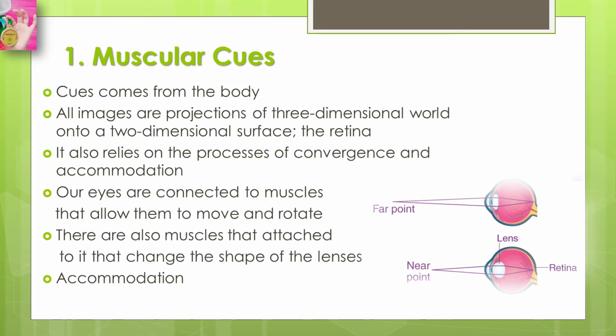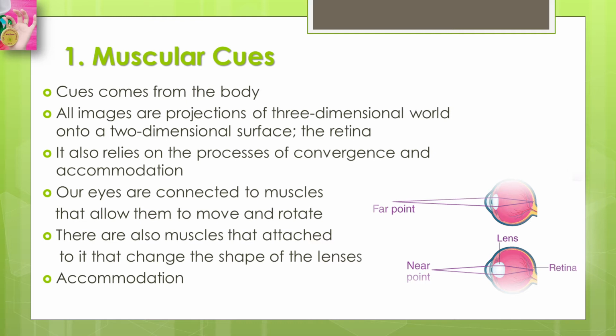Now, the term muscular cue implies that these cues come from the body, and all images are projections of the three-dimensional world onto a two-dimensional surface, the retina. Now, if the visual system has to give us a good 3D size and distance of an object, it cannot rely on the projections of the retinal images alone, and it also relies on the process of convergence and accommodation.